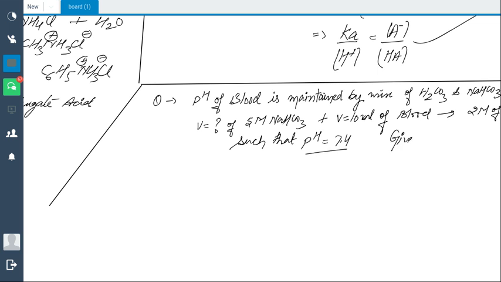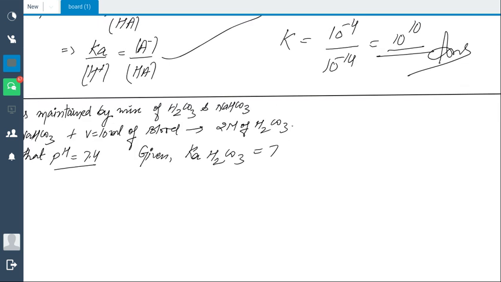We are given Ka for H2CO3, okay. I hope the question is clear. Yeah, you can take any strong base. Yeah, Anshuman, I'll take that out in the last, don't worry.